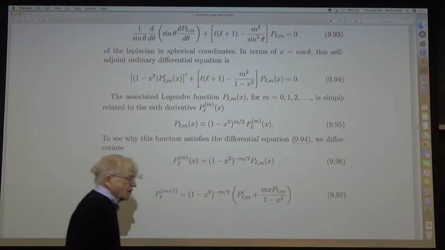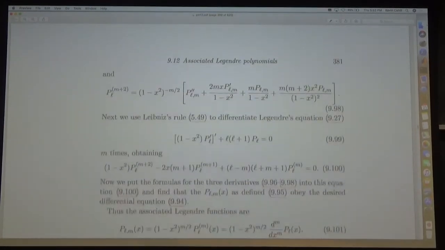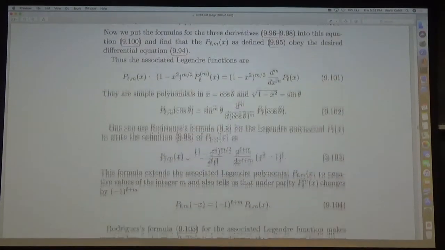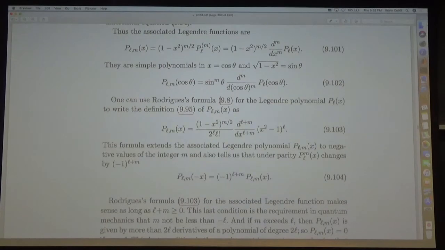And so what we've got is an extension of the Rodrigues expression, because the associated Legendre functions are this factor, which is basically sine theta raised to the mth power, times the mth derivative of the Legendre polynomial.